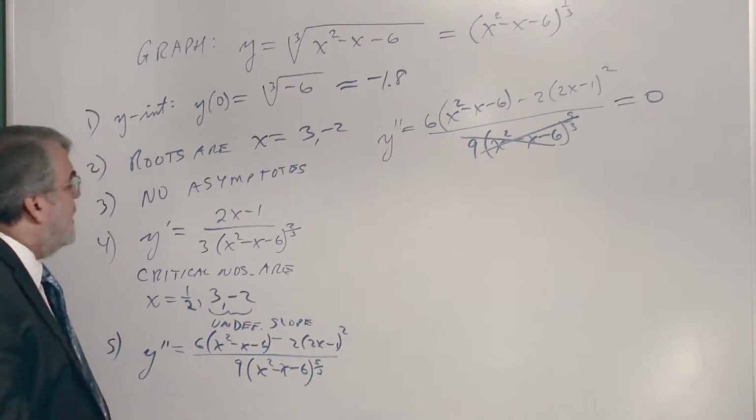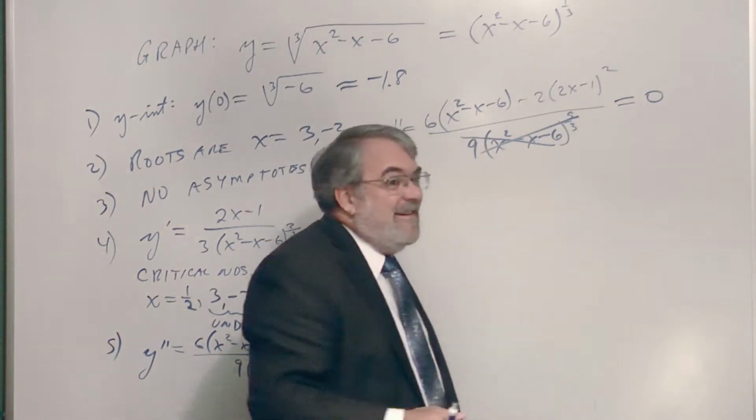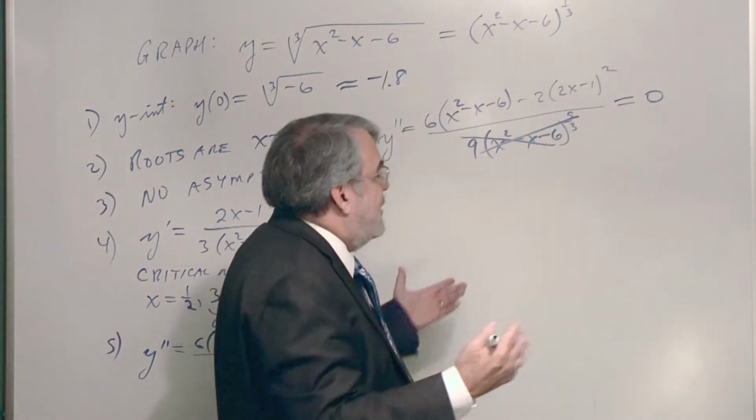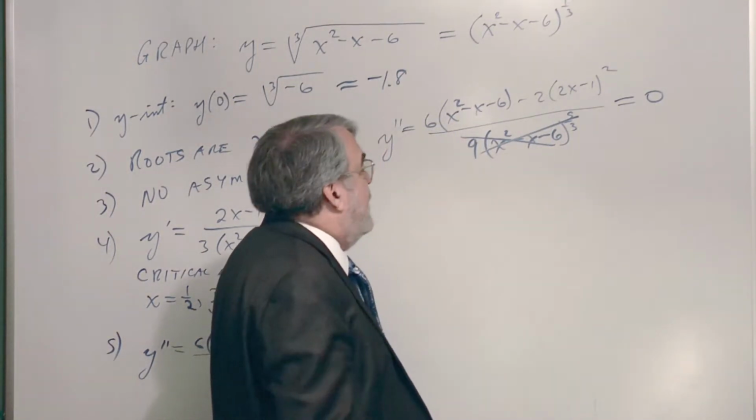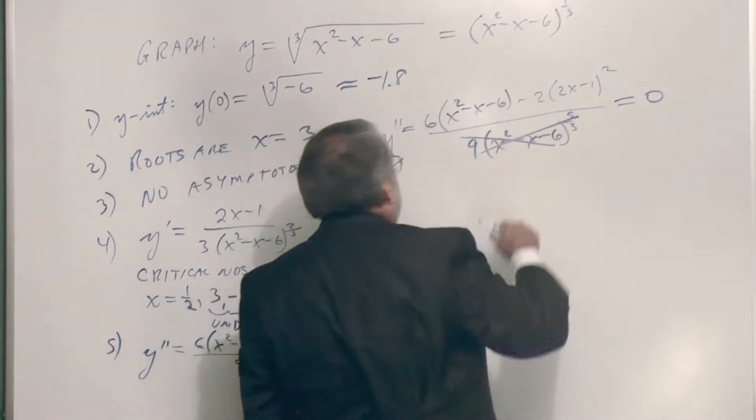Okay, so where do we go from here? So I'm ignoring the denominator. I want to know where the numerator is equal to 0, because when a fraction equals 0, the numerator has to equal 0. So I need to multiply all this stuff out.